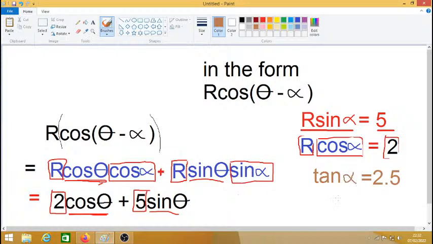And you can now find alpha by inversing tan. Just press inverse tan of 2.5 on your calculator, and you will get an answer for alpha, which is 68.2 degrees.